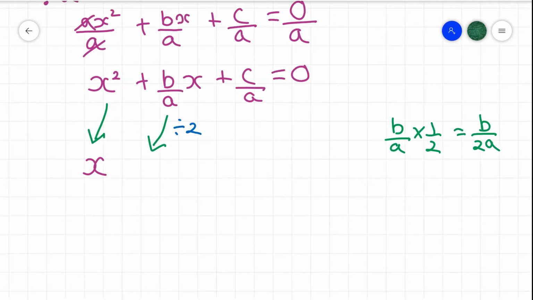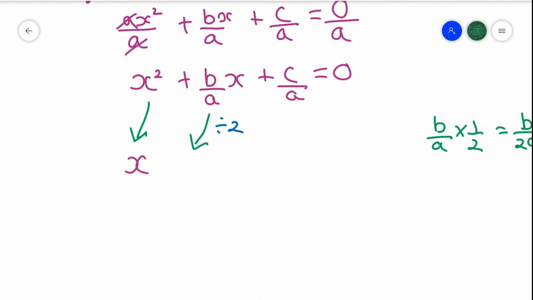So we will include that as well. In this case it's plus b over 2a. We will square this, include the already existing term, plus c over a.